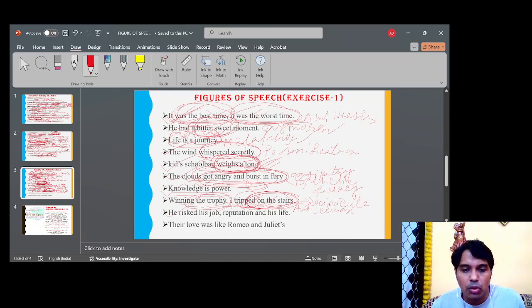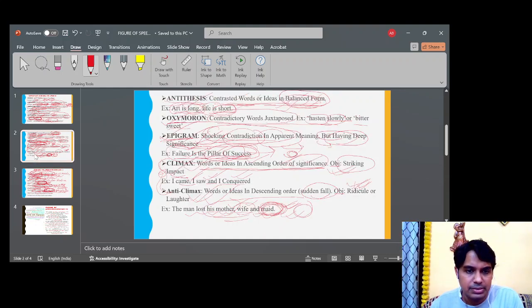He risked his job, reputation and his life. Now see, this is an ascending order. Risk his job, then reputation and his life. Now if you see the definition of climax, you will see words or ideas in ascending order of significance.